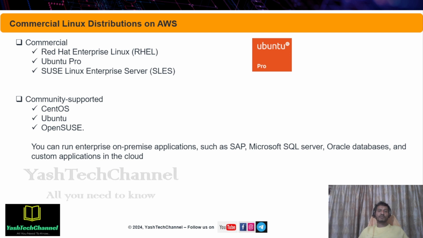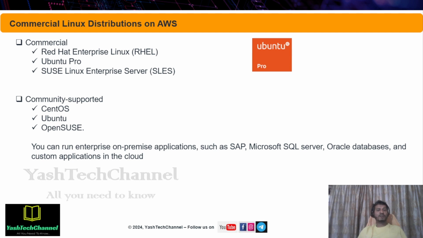So far we talked about distributions and the RPM based or Debian based. But at the end of the day, the goal of the operating system is you need to use it somewhere, right? So the operating system should be used either on your on-premises or maybe on your cloud workload.